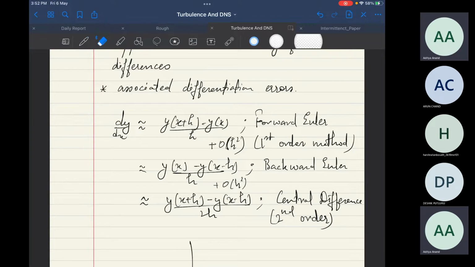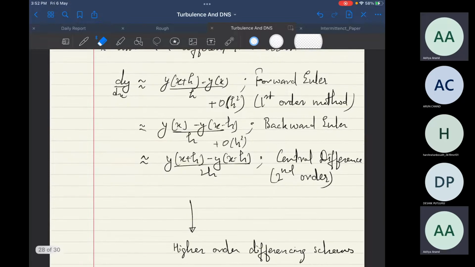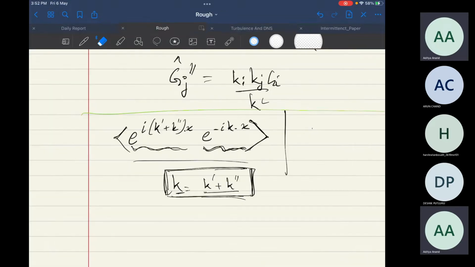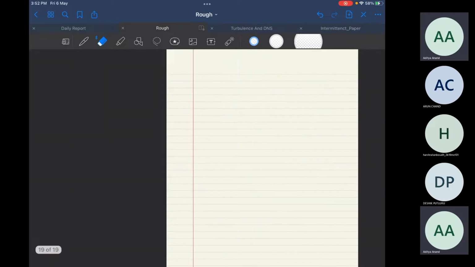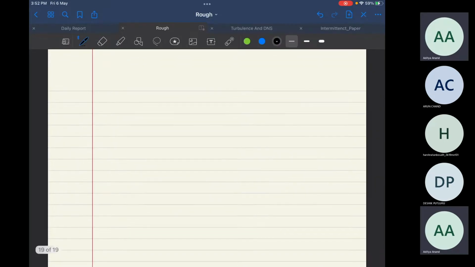So how do we get these methods? These difference approximations are formulated using Taylor's expansion. So if you had to derive one of them, let's say you want to look at how the forward Euler has come through. So you look at the Taylor's expansion of y about x.